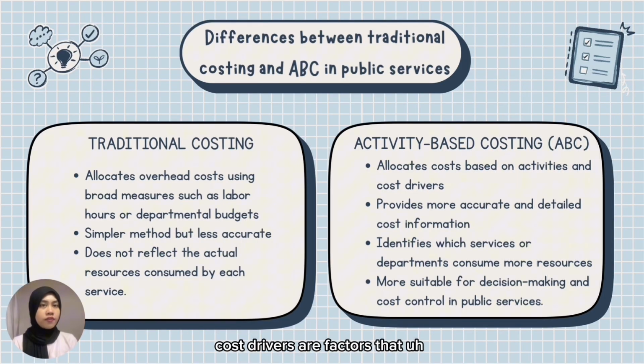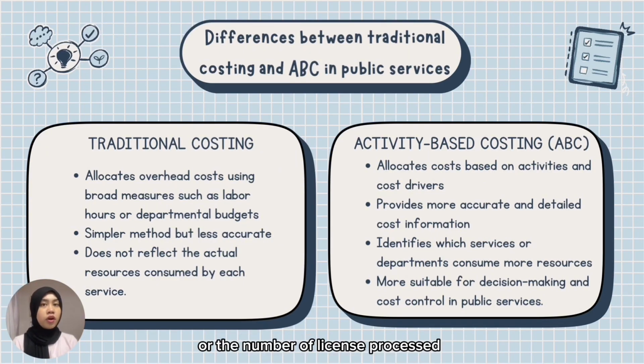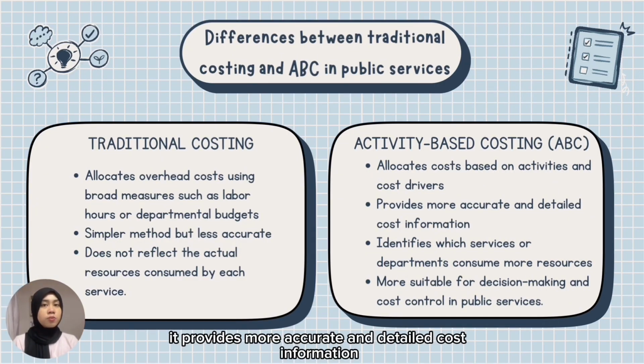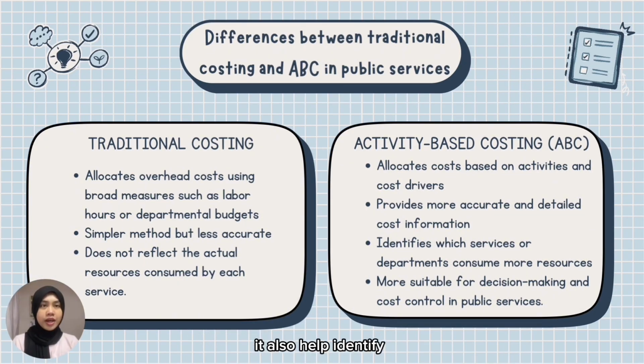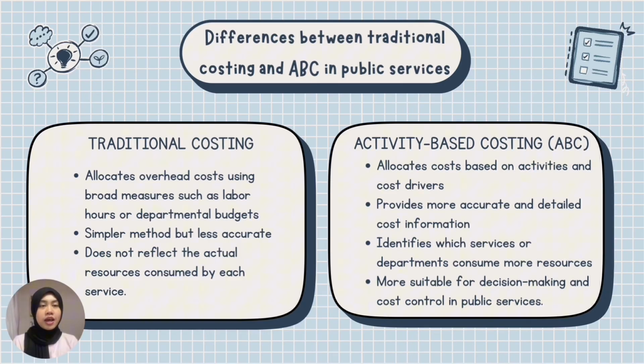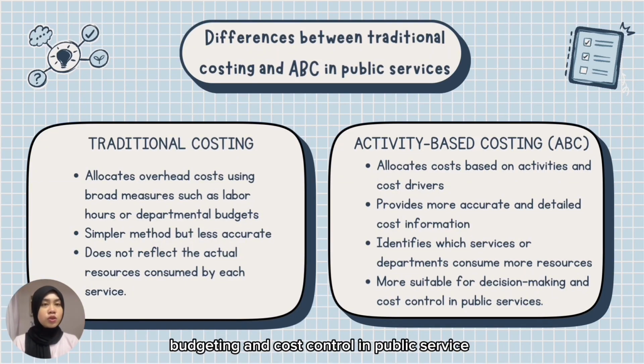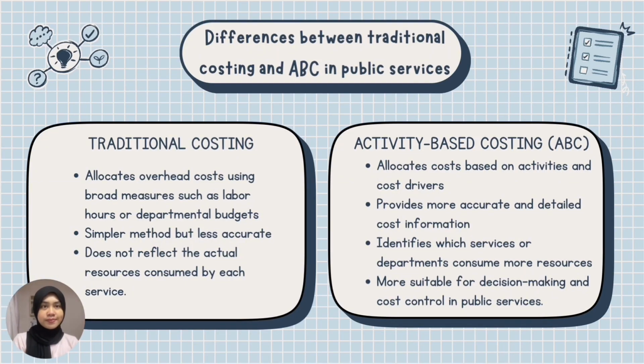Cost drivers are factors that cause costs to occur, such as the number of inspections conducted or the number of licenses processed. Because ABC traces costs to specific activities, it provides more accurate and detailed cost information. It also helps identify which service or department consumes more resources. Therefore, ABC is considered more suitable for decision making, budgeting, and cost control in public service.